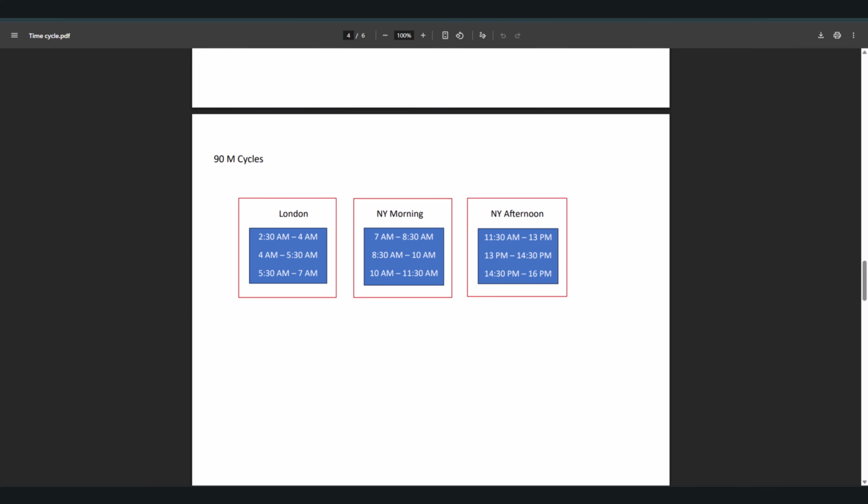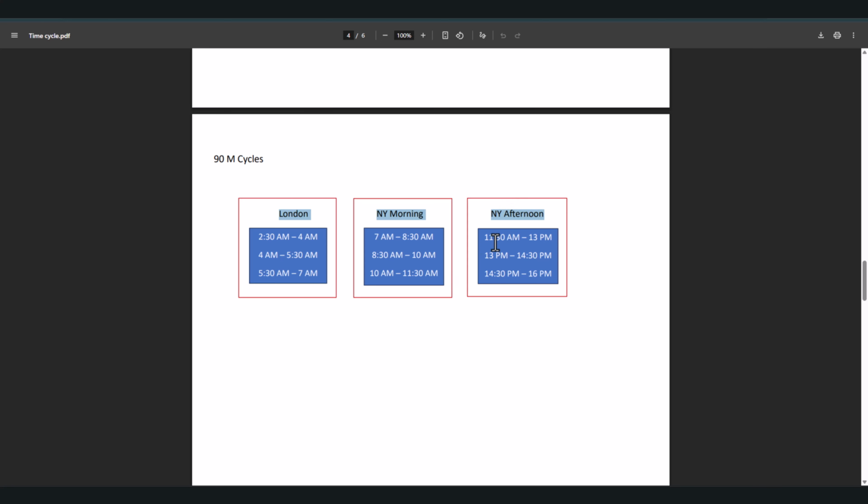90-minute cycles. For London, you have 3 90-minute cycles, which is from 2:30 am to 4 am, 4 am to 5:30 am, 5:30 am to 7 am. For New York morning, 7 am to 8:30 am, 8:30 am to 10 am, 10 am to 11:30 am.